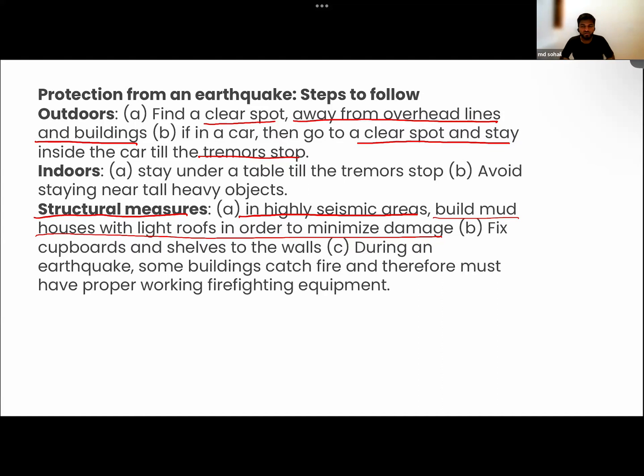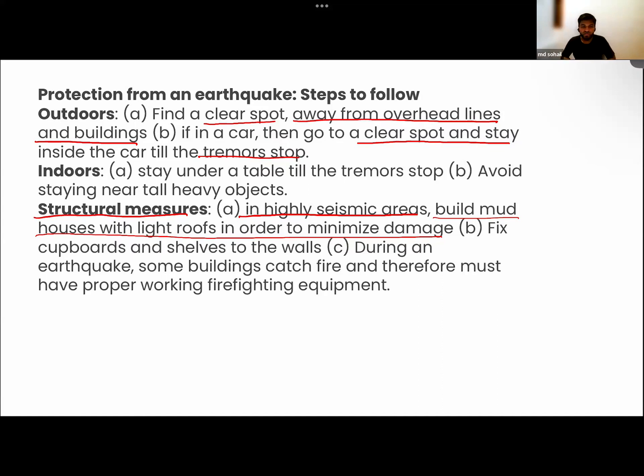Because people who live in villages generally have houses made of mud and chaff, etc. So even if their houses fall, the damage done will not be so grave, right? So fix cupboards and shelves to the walls.